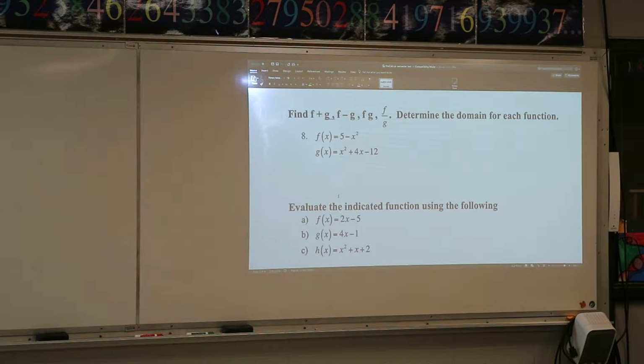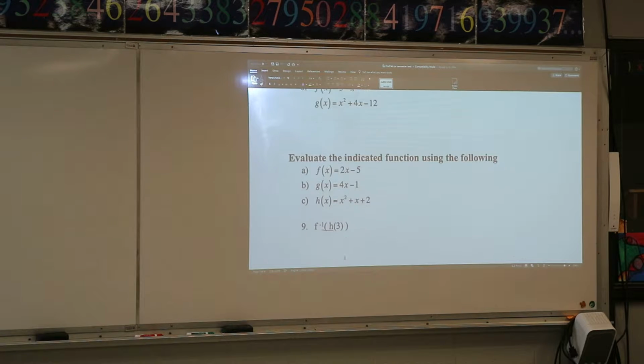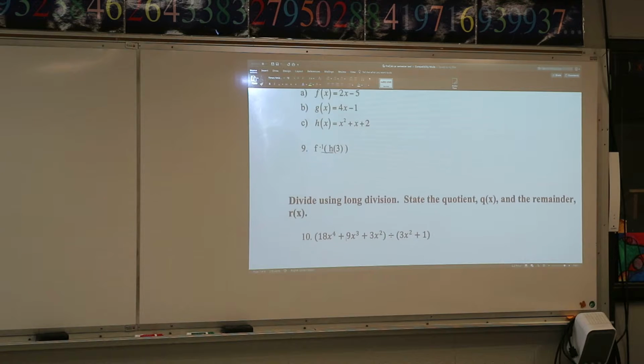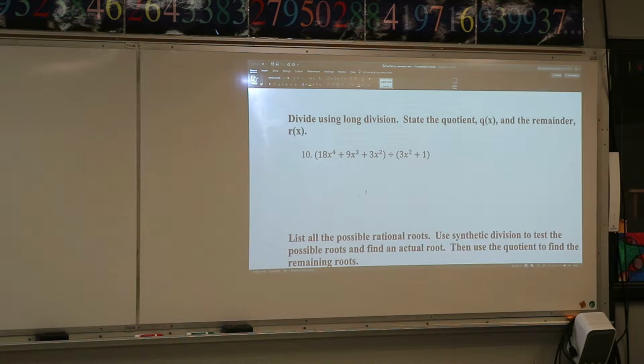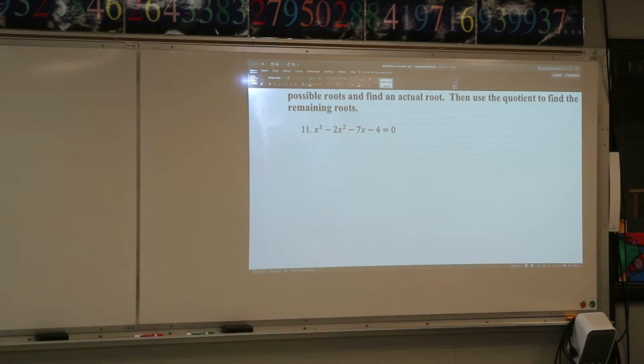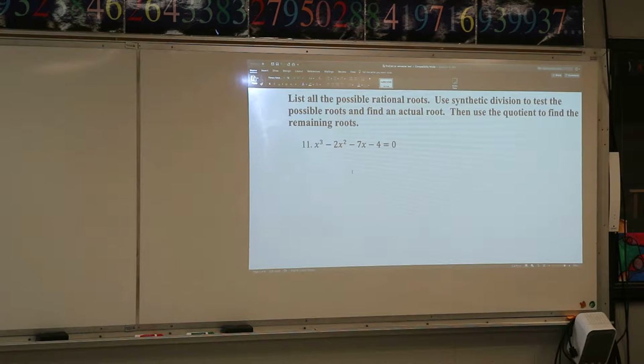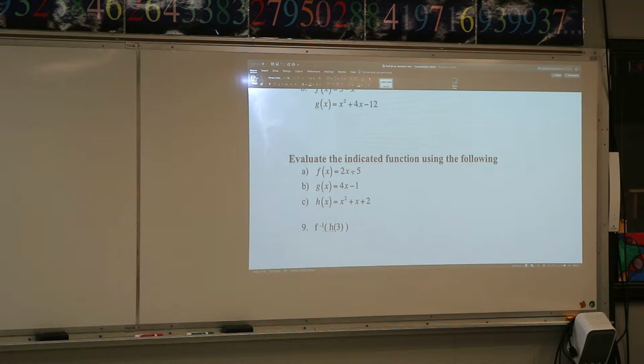I might move the rest of those problems down to the back page, because I think it's 3 or 4 pages. I might spread this one out a little more and give you less space in number 9, because number 9 you can use all of this area. So I might get rid of some of this space and give it to number 8. Number 10 you still need space, and for number 11, I don't know if you'll need as much space down here, so I might shorten that up a little. We'll talk about that tomorrow.